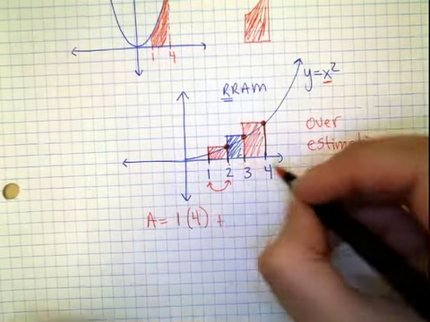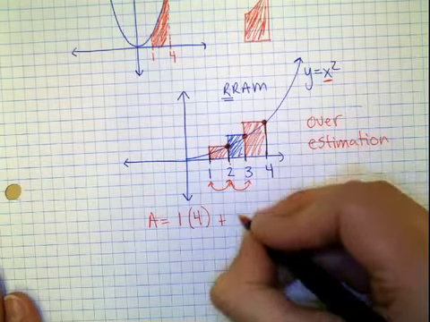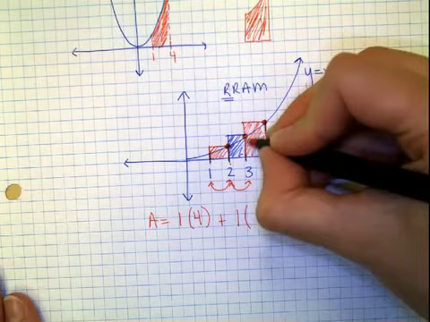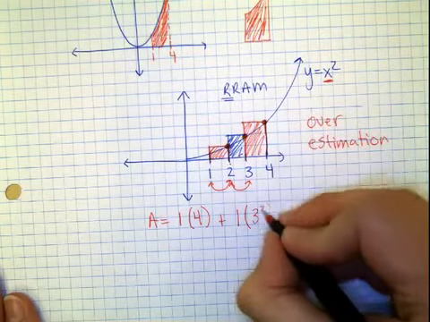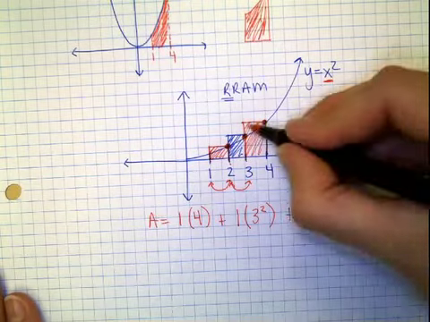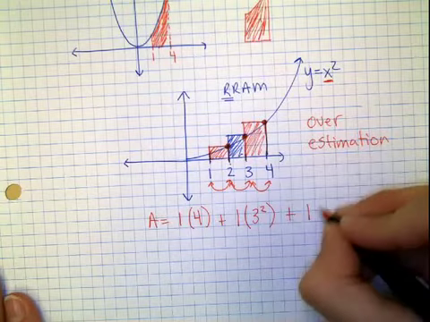Plus the next rectangle in the middle here goes from 2 to 3, so that's a width of 1, and its height depends on the point at 3 on the curve. So 3 squared is what's going to go there, or 9. And then the third rectangle, the biggest rectangle on the end here, has another width from 3 to 4 of 1.